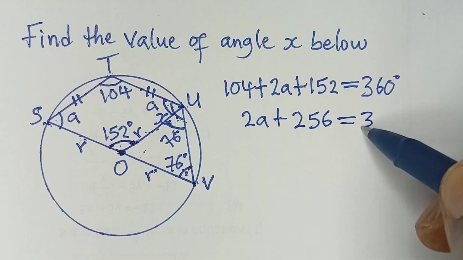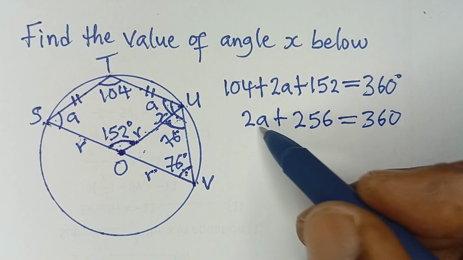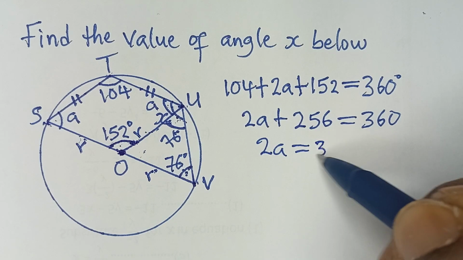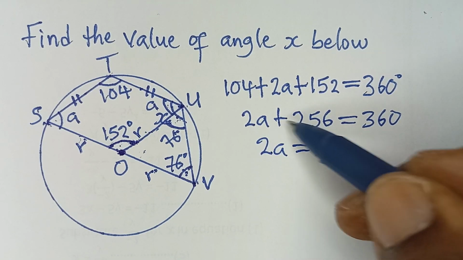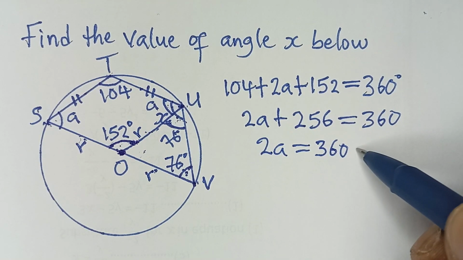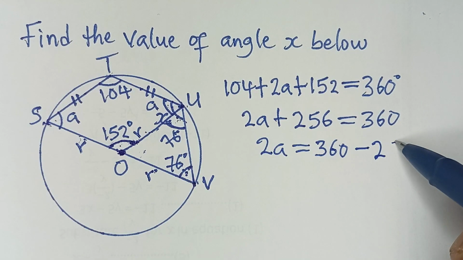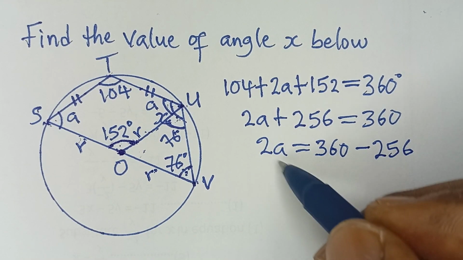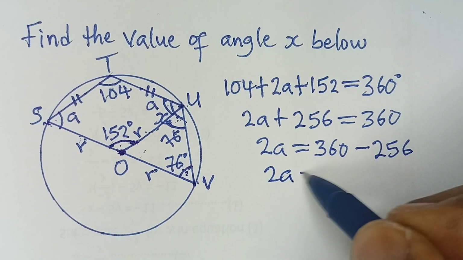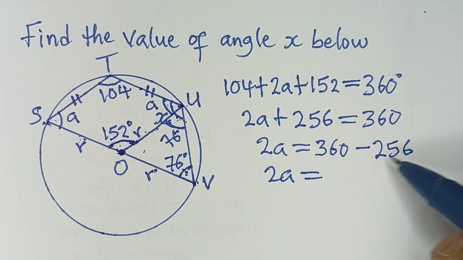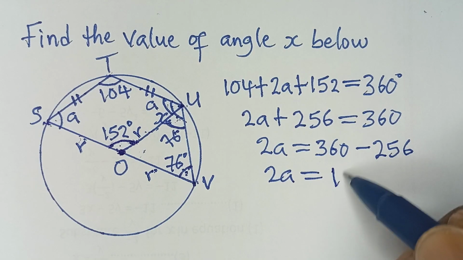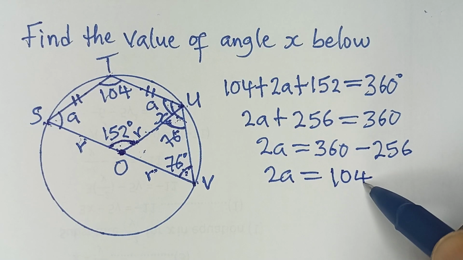And everything is equal to 360. So 2A will be equal to 360. When this positive 256 goes to that side, it becomes negative 256. So that means 2A is equal to 360 minus 256, which is simply 104.